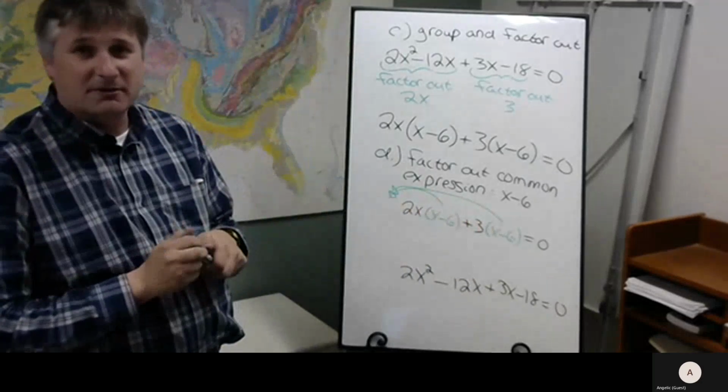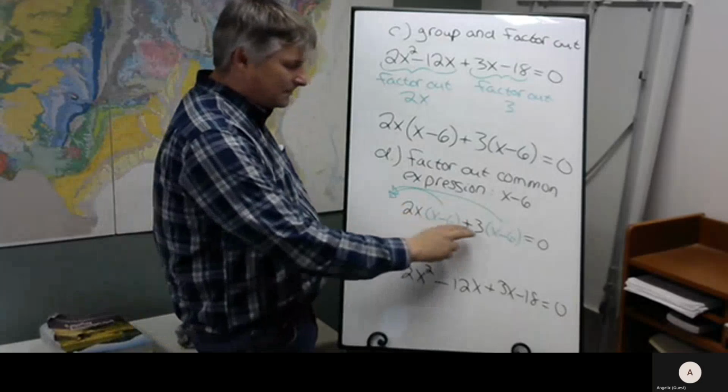So the x minus 6 is going to be factored out. It's going to leave the 2x and the plus 3.